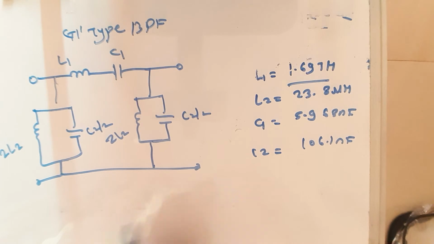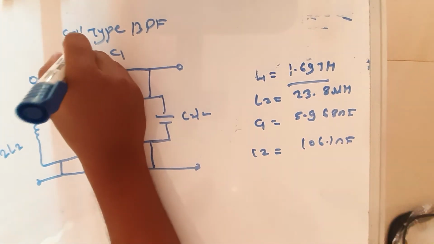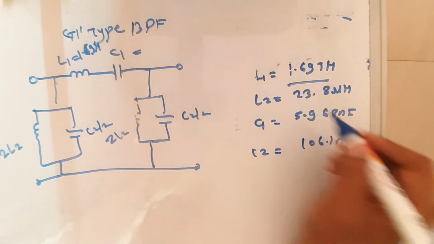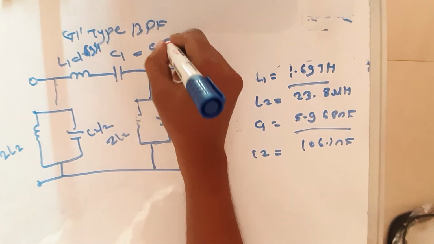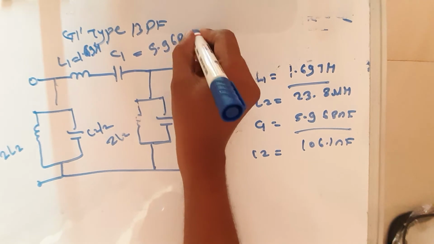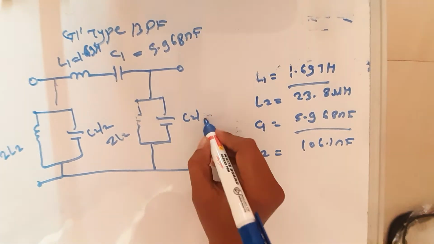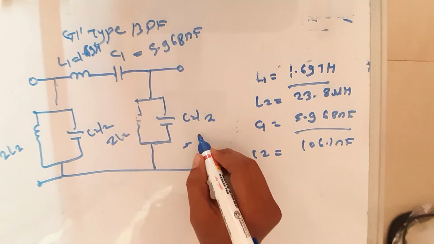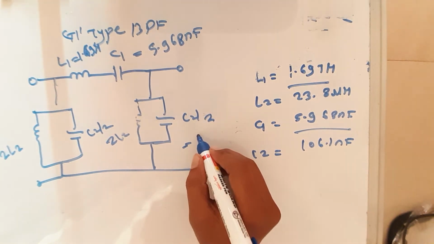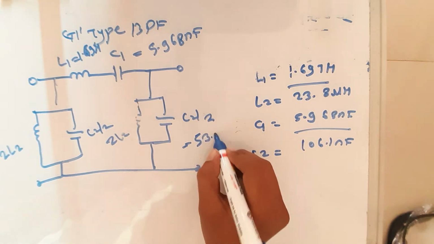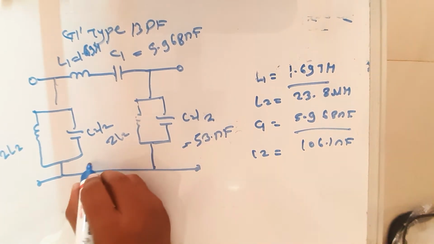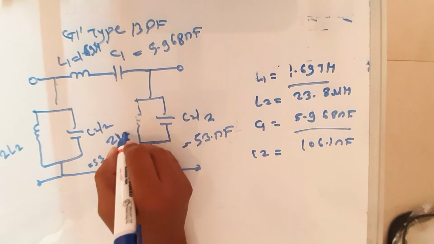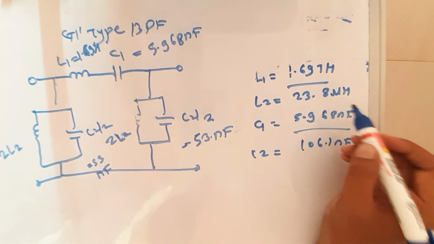Okay, so put it L1 equal to 1.69 Henry, C1 equal to this one 5.968 nanofarad. Similarly, C2 by 2, make it half, that is 106 means 53 point something nanofarad.